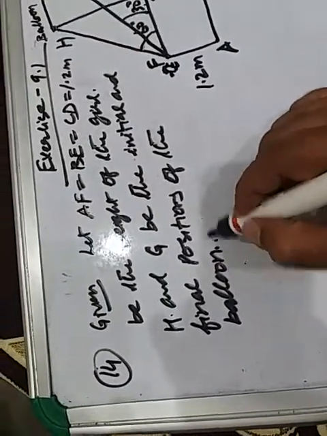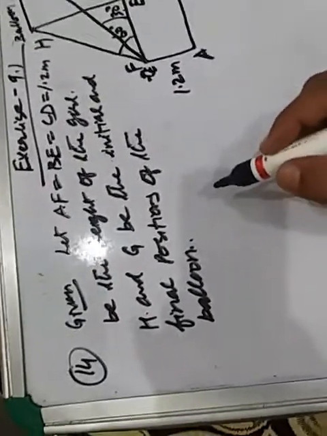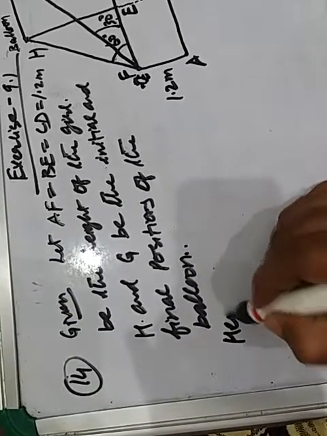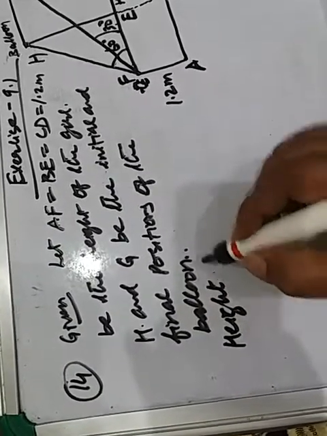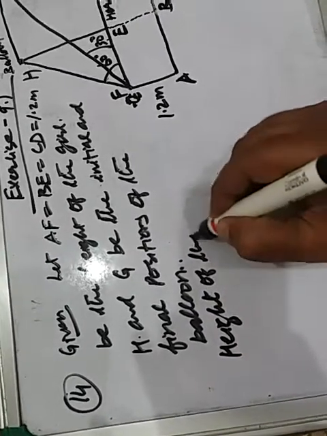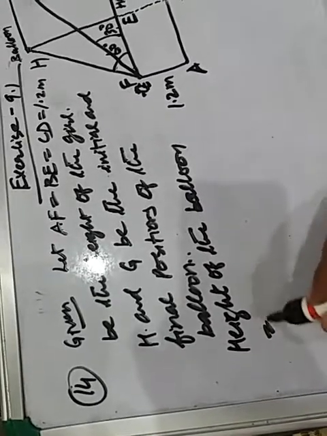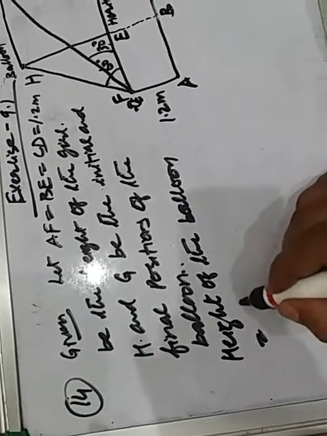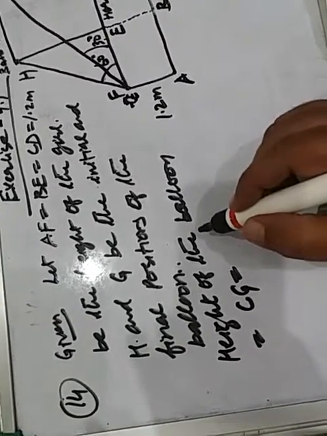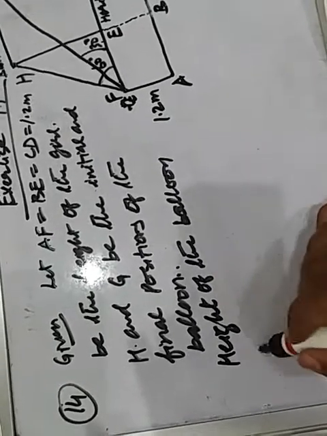Clear, children? And this height of the balloon, that is the height of the balloon, equal to CG, equal to what? The height of the balloon from the ground.